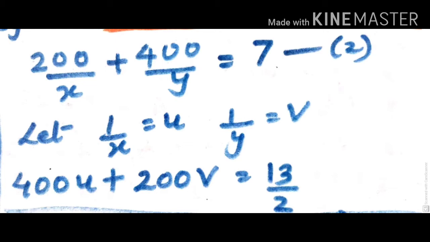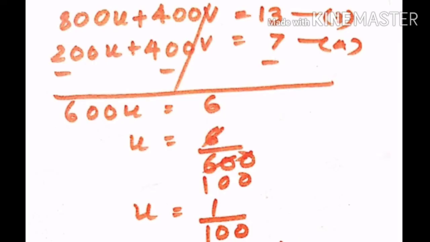So our first equation is changed to 400u plus 200v is equal to 13 by 2, and the second equation we can change accordingly. Students, the first equation I multiplied by 2. Why? That is 13 by 2 on the right side, so I want to remove this denominator. That is why I take the first equation, multiply by 2 and write 800u plus 400v is equal to 13. And the second equation remains as it is.